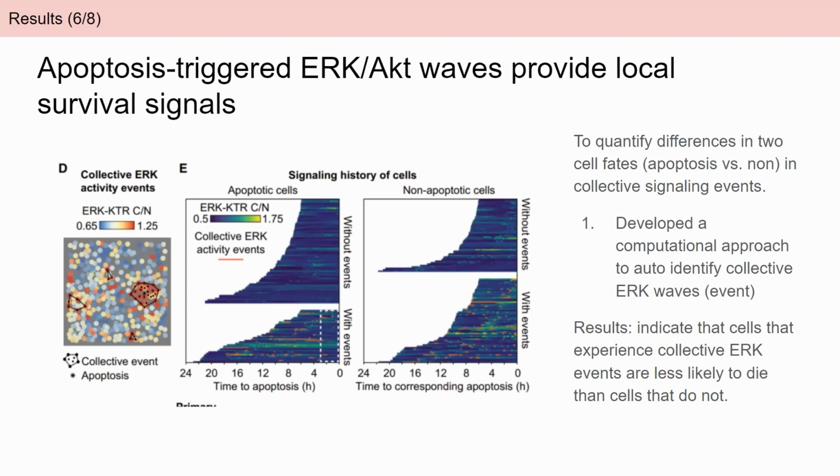From here they observe that in apoptotic cells there is a lesser cumulative event of ERK or AKT wave, while in non-apoptotic cells they actually have more ERK AKT wave. Which means that when the cell experiences a collective ERK event, it is less likely to die than a cell that does not.